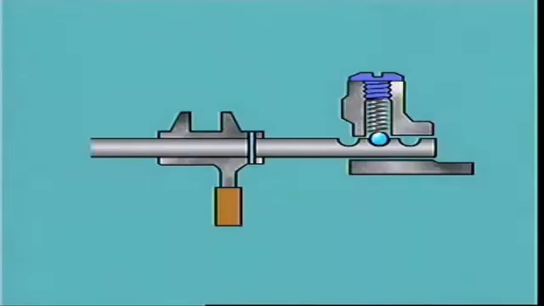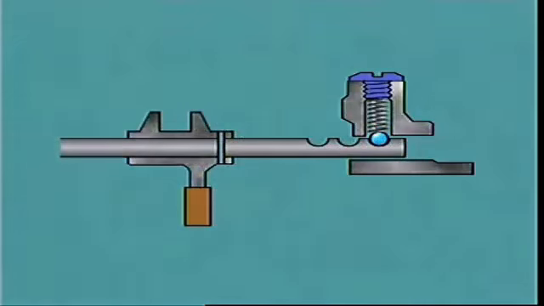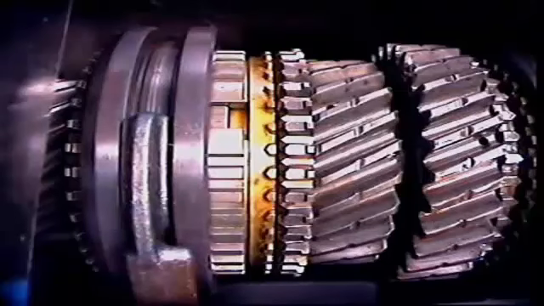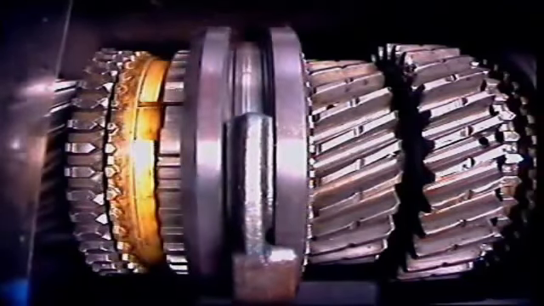The ball engages in a groove in the rail when the gear lever is in neutral, and in a similar groove when a gear is selected. This holds the gear in detention in the selected position.